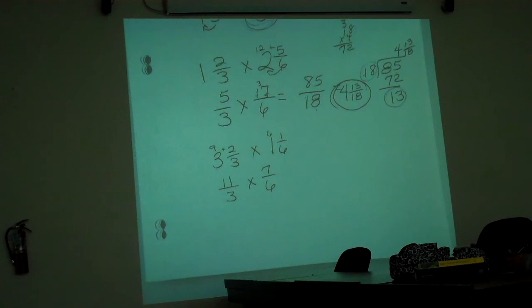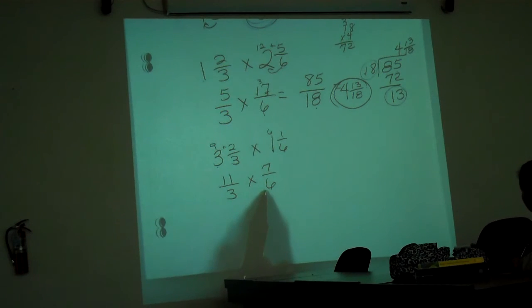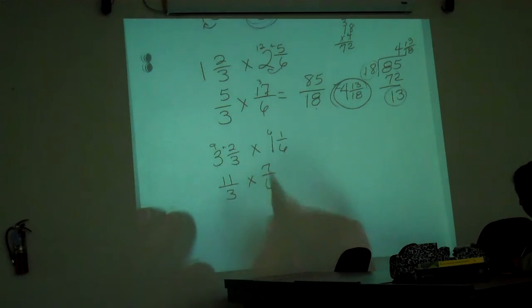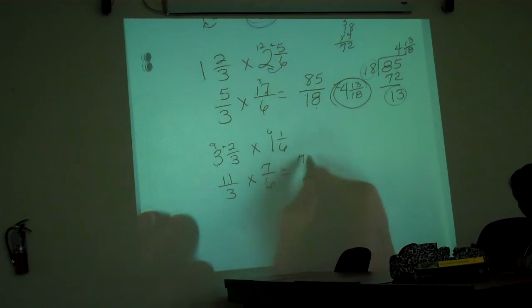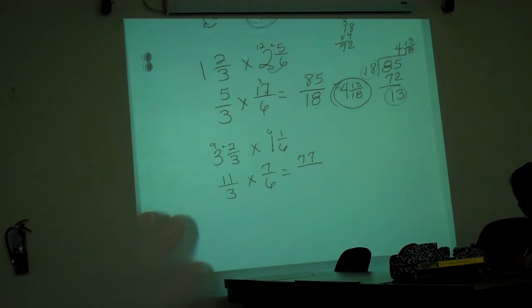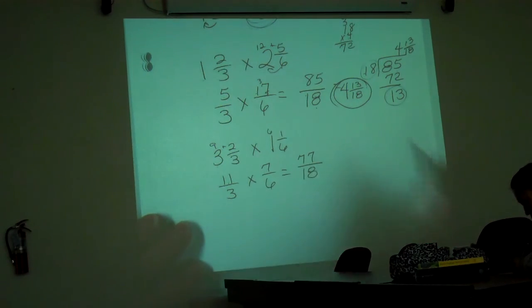Okay, can we do any dividing first? No, you can't do side by side. Remember, the rules are top and a bottom. So there's nothing on top and bottom that you can cancel. So 11 times 7, 77. 3 times 6, 18 again.